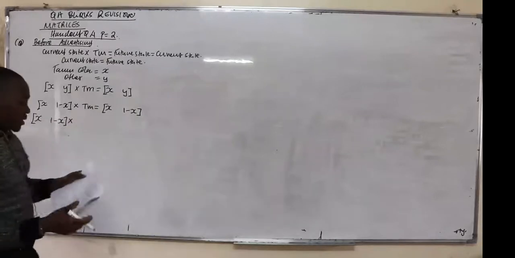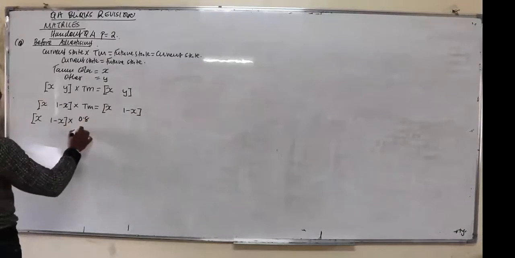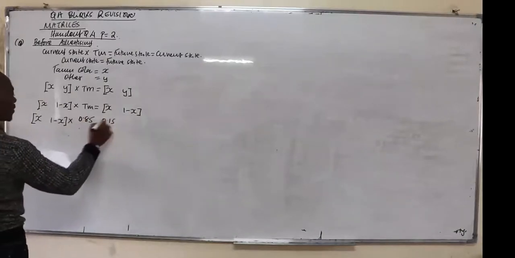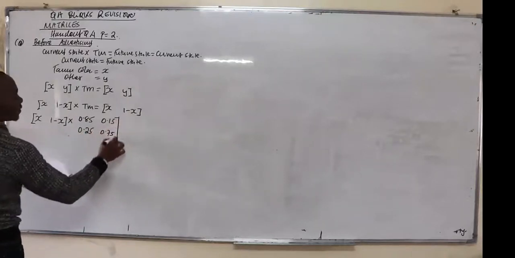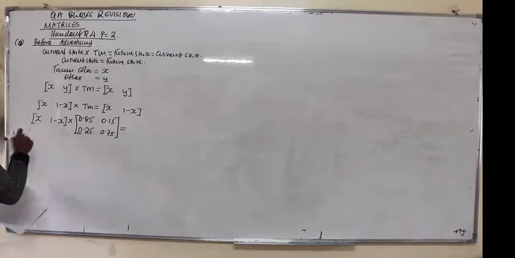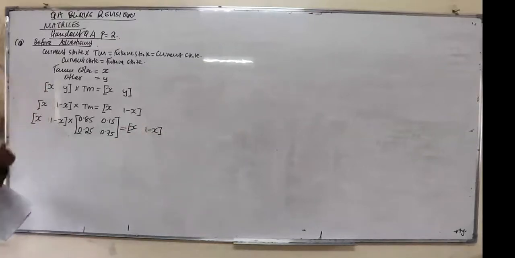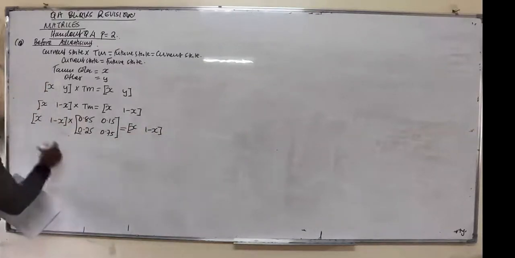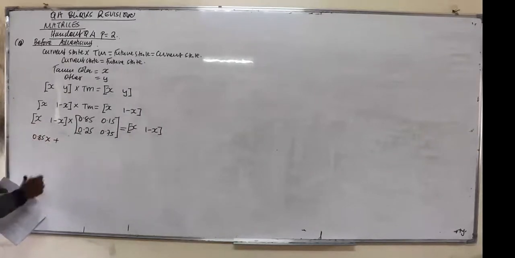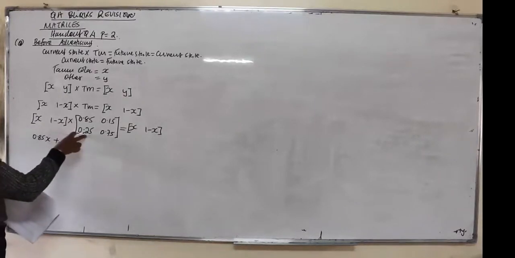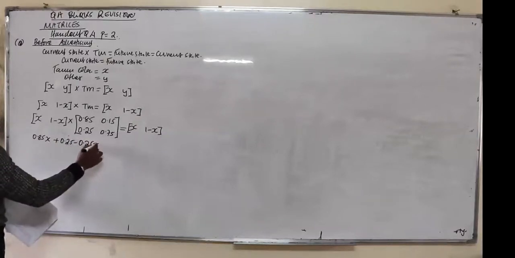Give me the transition matrix before the advertisement. Before the advertisement, we had 0.85, 0.15, 0.25, 0.75, and the current state should be equal to X, 1 minus X. First row, first column, so we'll be taking X, you multiply by 0.85 and you get 0.85X, plus 1 minus X, you multiply by 0.25, you'll get 0.25 minus 0.25X.